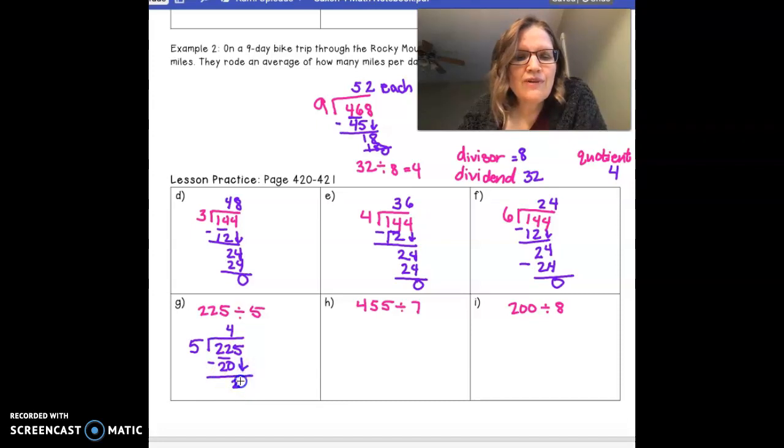We bring down our 5. 25 can be divided by 5, 5 times. 5 times 5 is 25. We have 0. 455. Whoops. Sorry about that. Okay, let's get back on track.